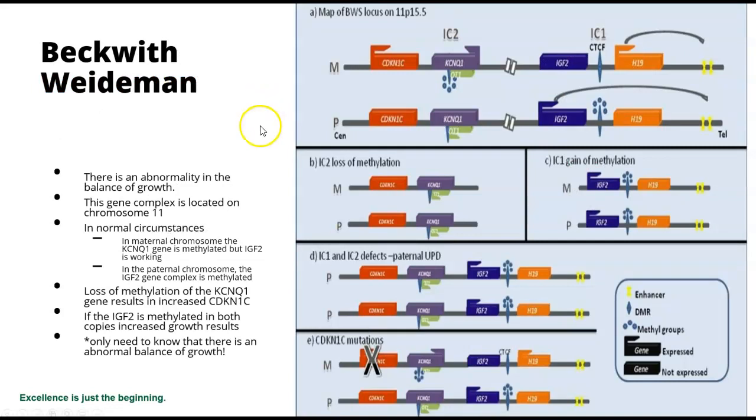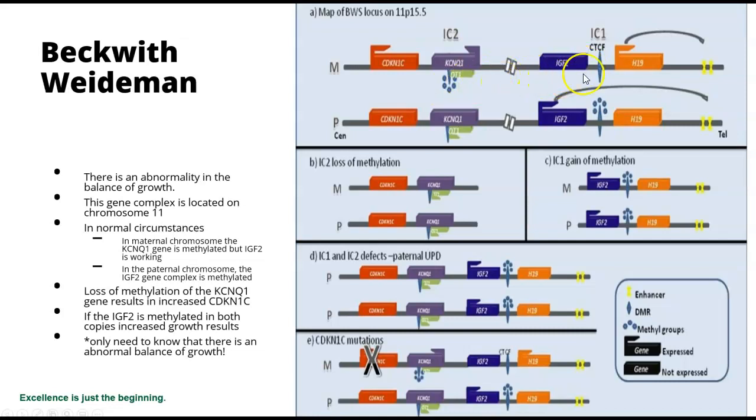This is a complicated disorder, but it really has to do with methylation and control of growth. So there's an abnormality in the balance of growth. And there's a complex located on chromosome 11. In normal circumstances, the maternal chromosome, with the KCNQ1 gene, is methylated, but the IGF2 is working.